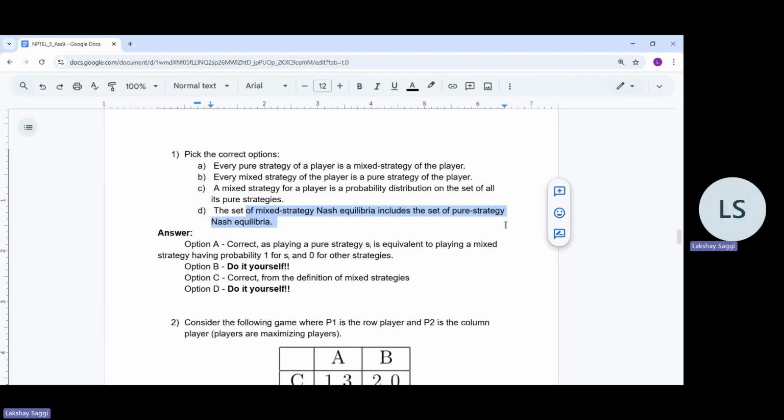So the question just asks if every pure strategy equilibrium is embedded in the set of mixed strategy Nash equilibria itself, right? I'll give you a hint. I'll not write it down, but the hint is in one of the above three options itself. Yeah, let's leave it at that.